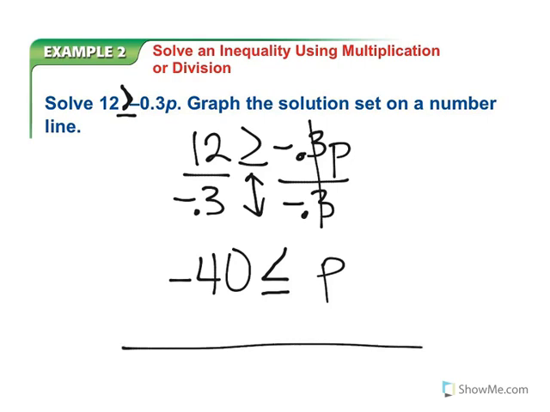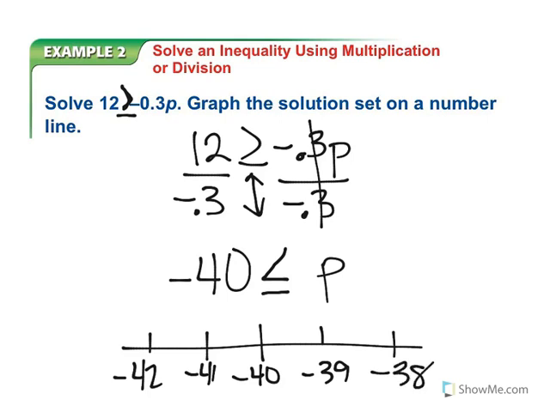So I'm just going to draw a number line right here. This is negative 40, negative 41. This is negative 39. And these do continue in opposite directions. The first thing we want to know is whether it's going to be an open or closed circle.